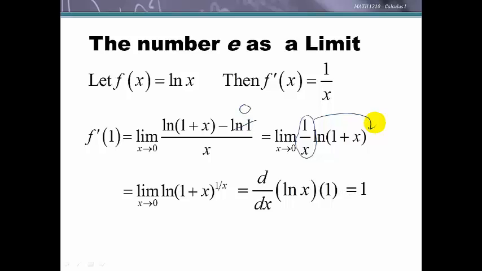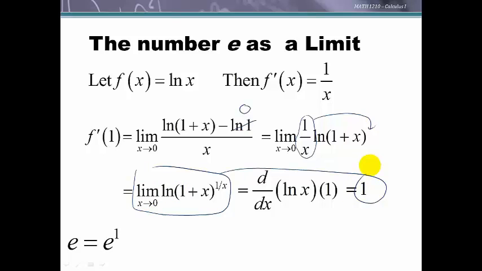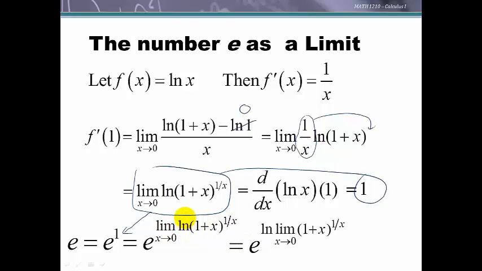Now what we're going to do then, because this limit equals 1, we're going to express e as e to the 1, and we're going to substitute in for the 1 this limit. So there we have it. Looking at this exponent, we have the limit of this function inside of a function, and so we have that property that we can move the limit and apply it to the inside function and then apply the outside function.